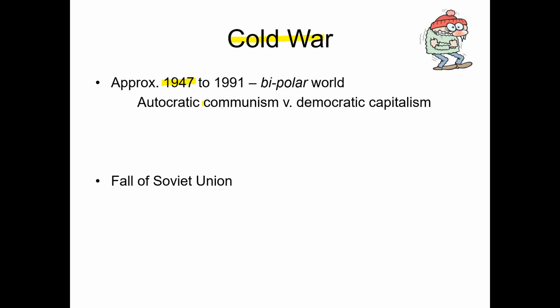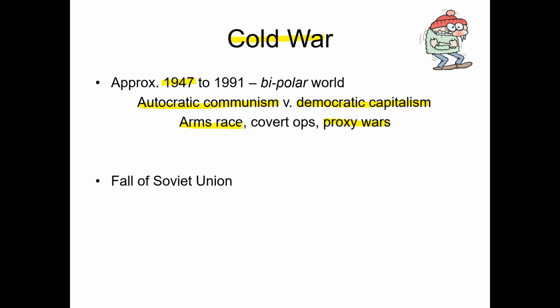So what we're seeing during this period was two major ideologies: autocratic communism versus democratic capitalism, and the lack of communication and trust between these two. So these arms races and then these missile races and then the space race, all of this grew out of the Cold War, and there were a few hot wars that came out of that, what we call proxy wars, such as the Korean War and the Vietnam War, neither of which anybody actually won.